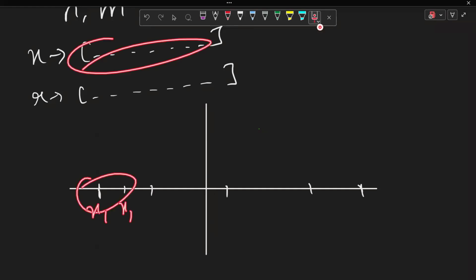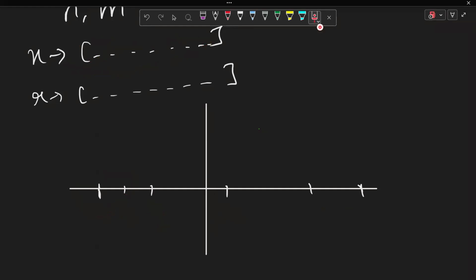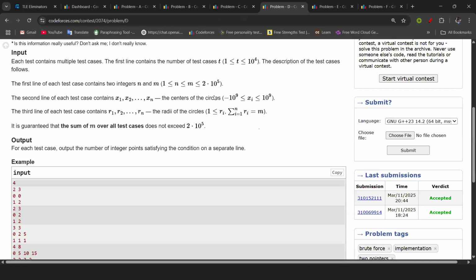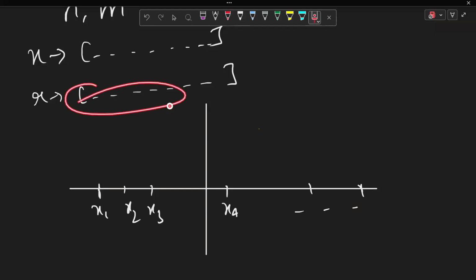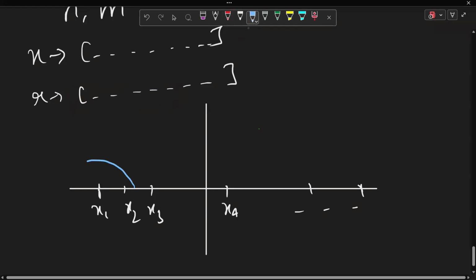So this is x1, this is x2, x3, x4, let's say. They may be unsorted also. Is it given sorted? No, they may be in unsorted order also, but you can obviously sort them. So you are given some integer points, and you are given some radius. Let's say r1 is 2. That means we would have a circle of radius 2 around this point.